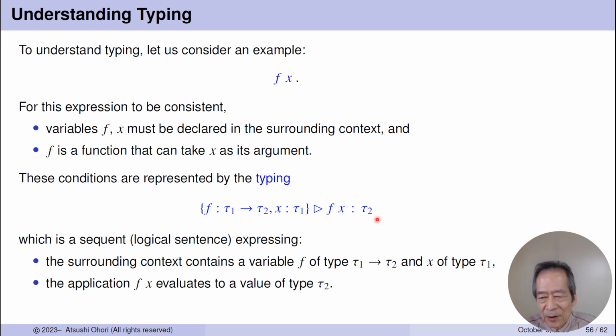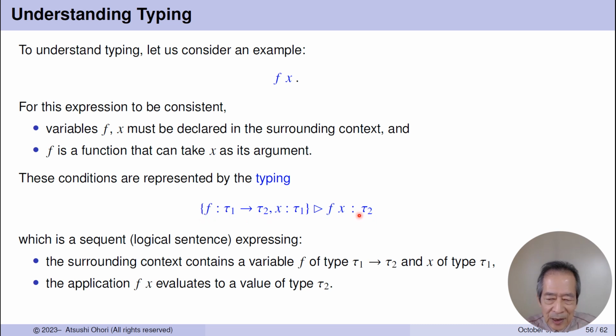This typing represents the following fact: under this type environment, which describes the types of variables f and x, so this type environment represents the condition or property of the surrounding context where this expression occurs, right? Under this type environment, this expression has type tau2, right?